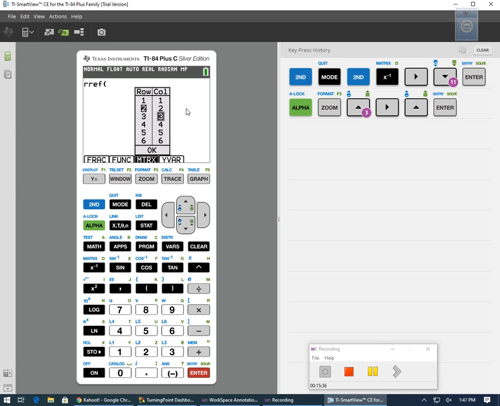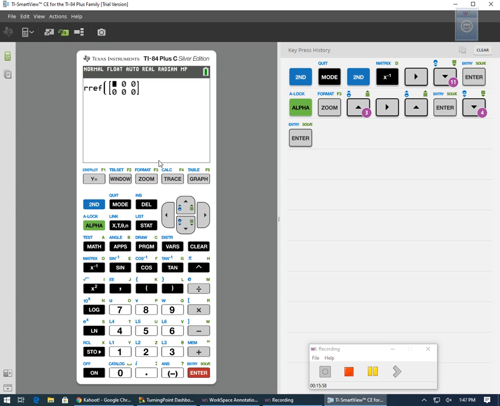Okay. So, did everybody get to this screen except for Matthias? You need to go to 2 rows, 3 columns, and then go down to OK and hit Enter. It comes up with those 3. We are now going to enter the numbers into that. So we're going to put in a 1 for the first one, push to the side, another 1, push to the side, and then a 5, right?